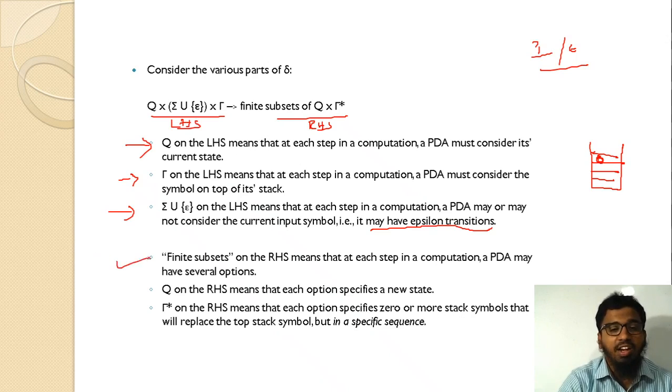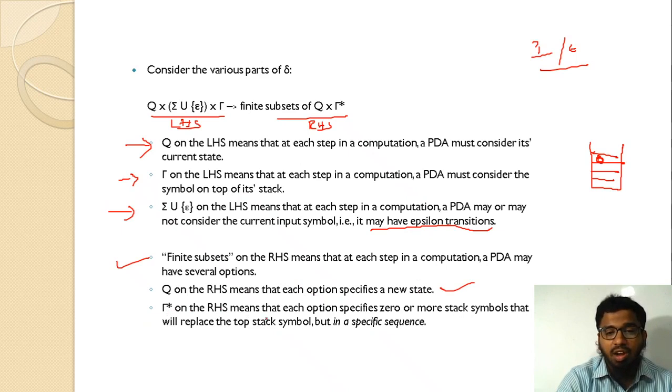Okay. What is on the right hand side? The right hand side is a finite subset. On the RHS it means that at each step in a computation a PDA may have several options. Okay. Q on the RHS means that each option specifies a new state. Whenever we have a right side, at that time we will get the new state.